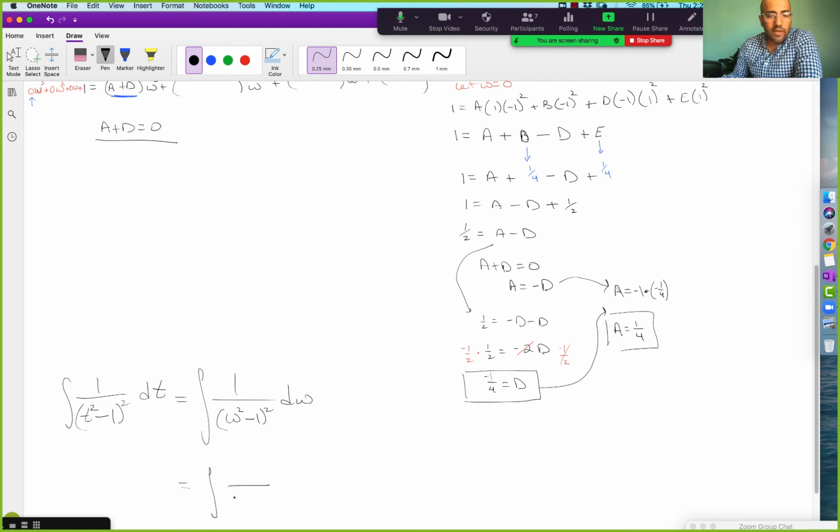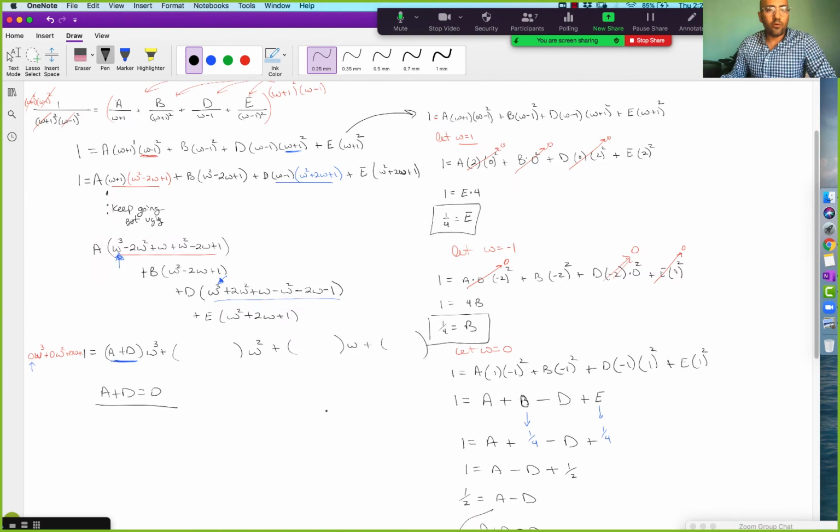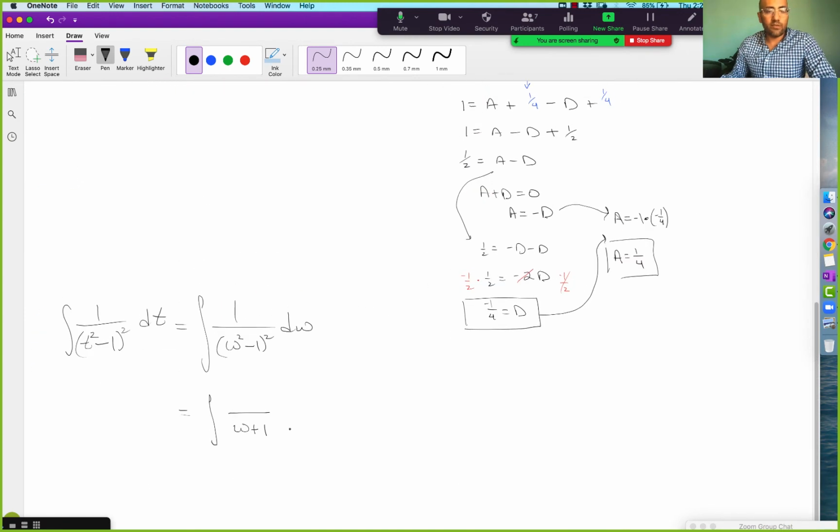these fractions. We had a w plus 1. Oh, I have to put them in the same order as I did up here. Plus 1, and then (w plus 1) squared, plus w minus 1, plus (w minus 1) squared dw.